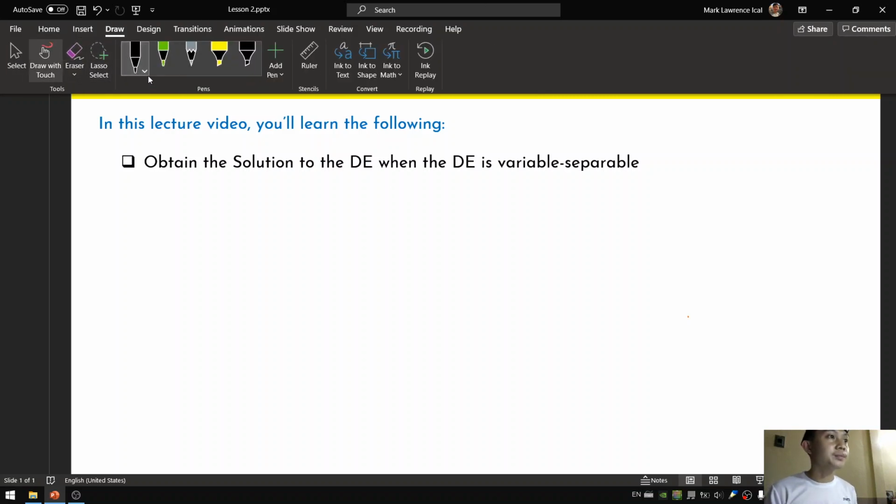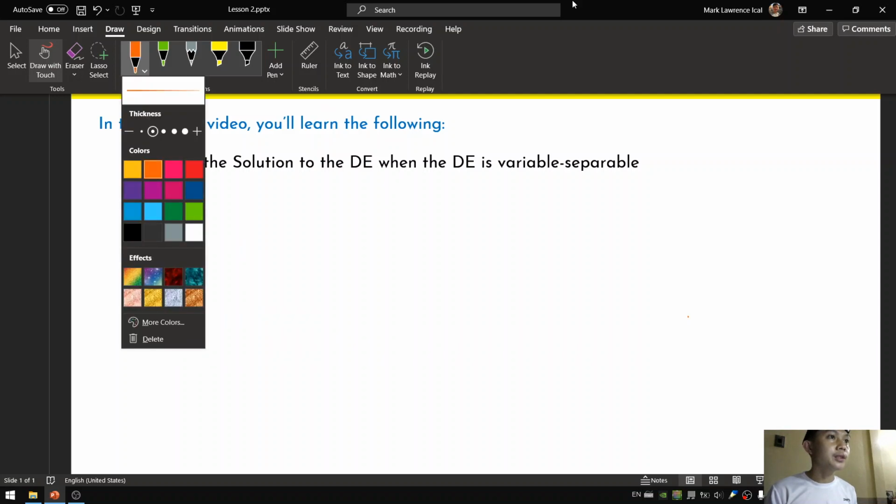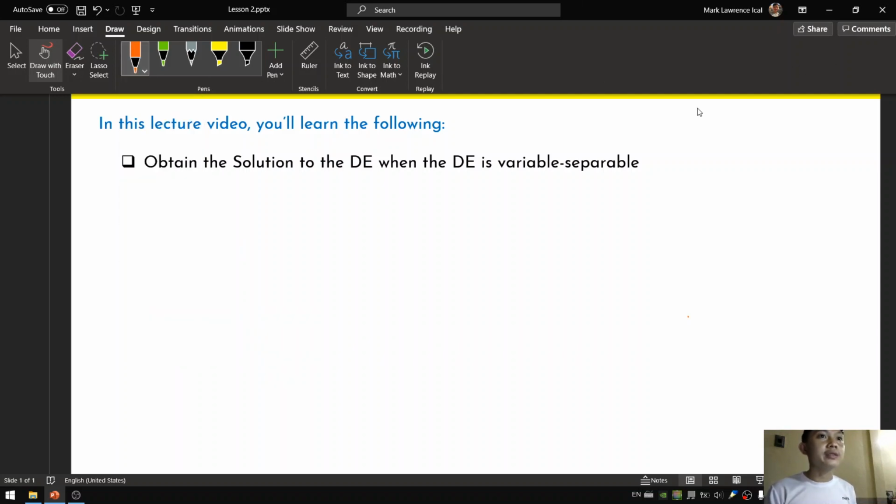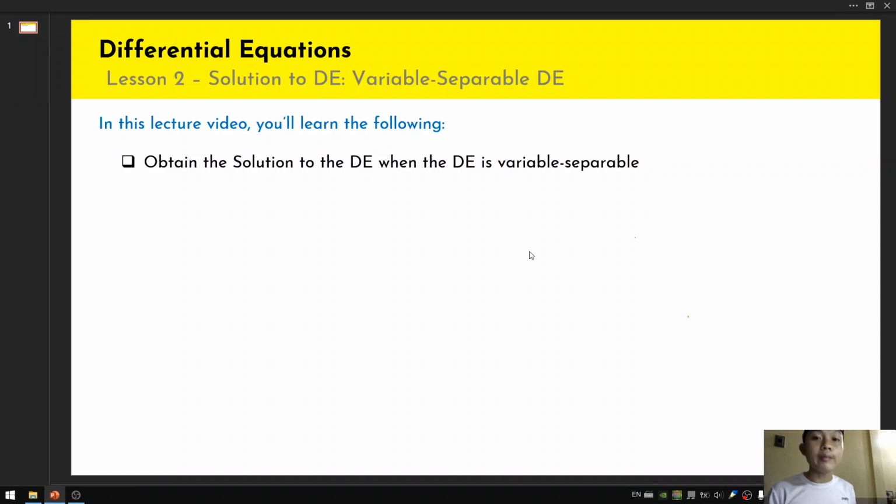All right, so when we say the DE is variable separable, this only means that you can separate the function of x from the function of y. So the variable separable differential equation follows a certain structure, and all you need to remember is to follow the structure.